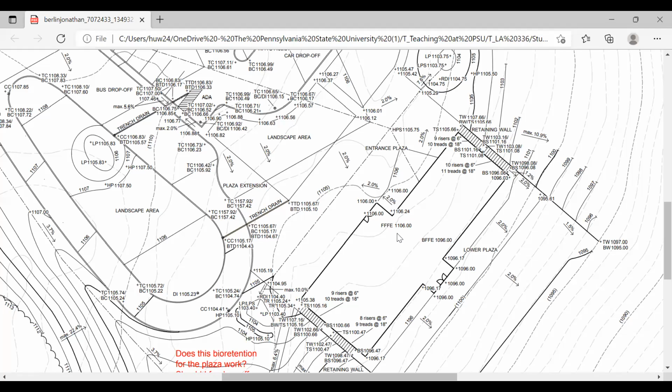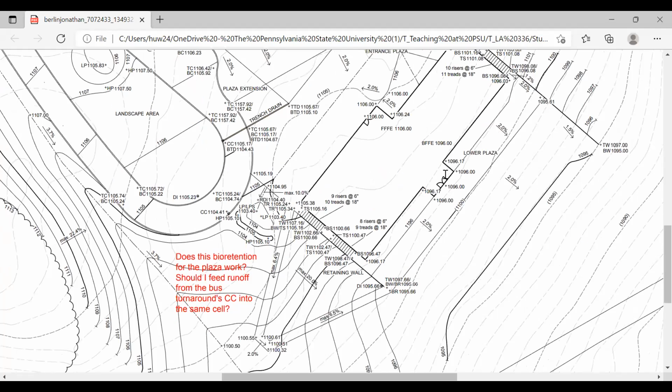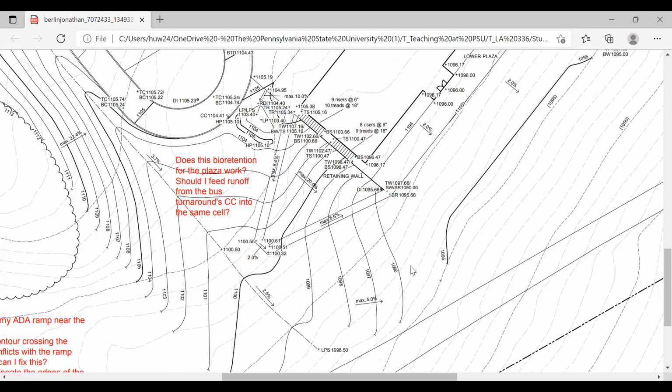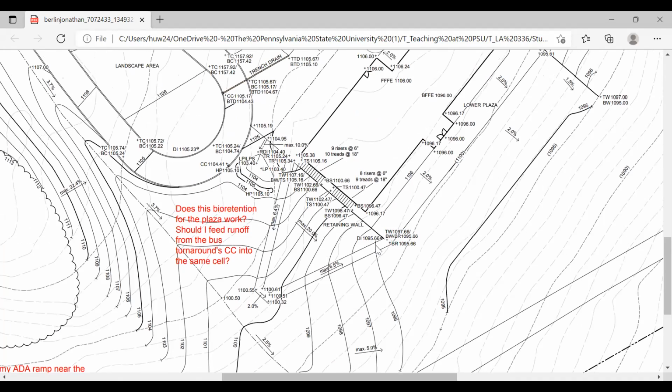So you want this to enter here, okay. Then the bottom is 1096, that's 1095. Okay. Now we drag it up and 1096, that is going down. I'm just trying to see how you connect over here.